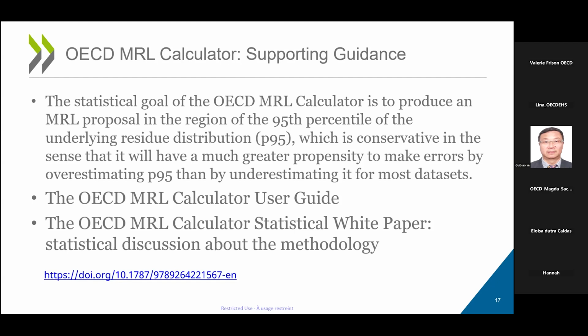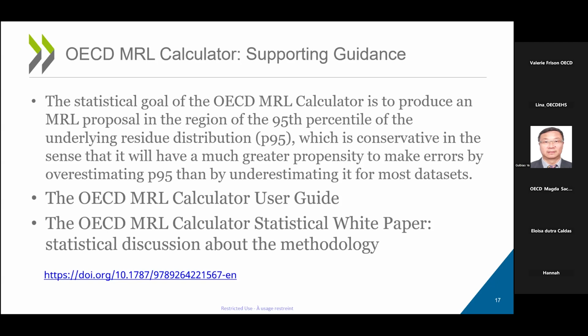Maybe to explain that the aim of the OECD MRL calculator is actually to produce an MRL proposal in the region of the 95th percentile of the underlying residue distribution, which is conservative in the sense that it will have a much greater propensity to make errors by overestimating the 95th percentile than by underestimating for most data sets.